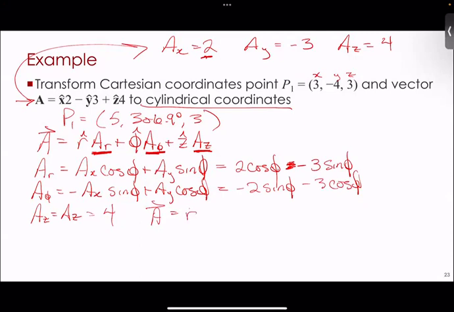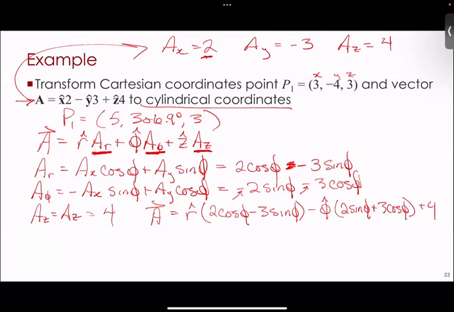We've got R hat, and then we go, well, what's AR? That's what's next to the R hat. So it's 2 cos phi - 3 sine phi. And then we have plus phi hat, but look, there's a minus and a minus. So I'm going to go minus phi hat, basically factoring out the -1. And then I'll make them positive inside. And then plus 4.